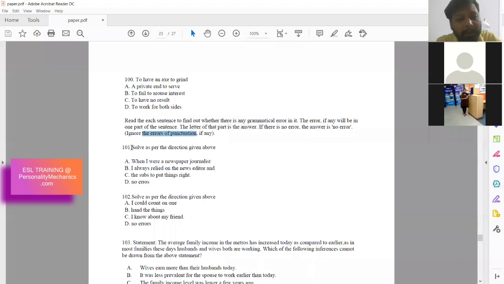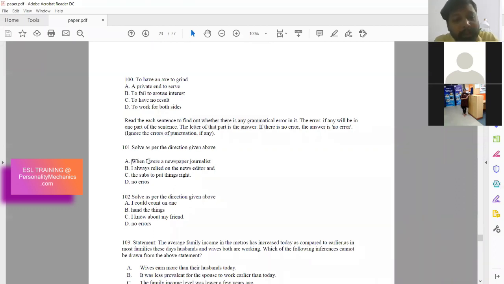Okay, so 101, solve as per the direction given below. The first part of the sentence is: When I were a newspaper journalist, I always relied on the news editor and the subs to put things right.